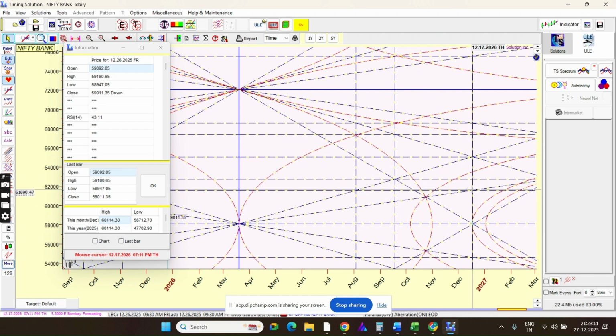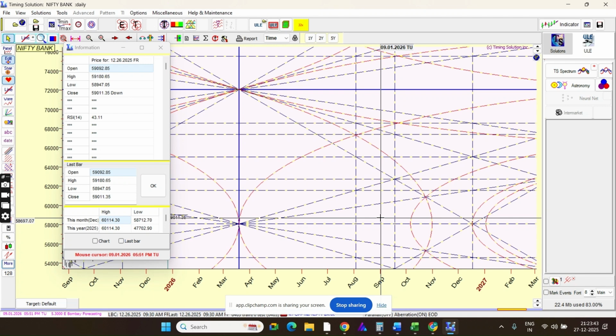Anything below 58,100 is negative for Bank Nifty. So remember these levels. The maximum bullish view for this year on Bank Nifty, my level forecast, is coming at 65,000 odd levels.